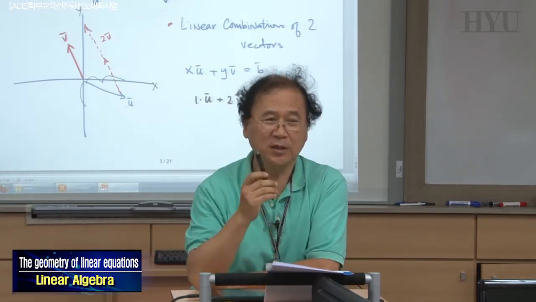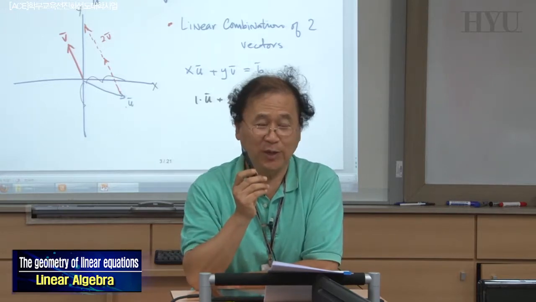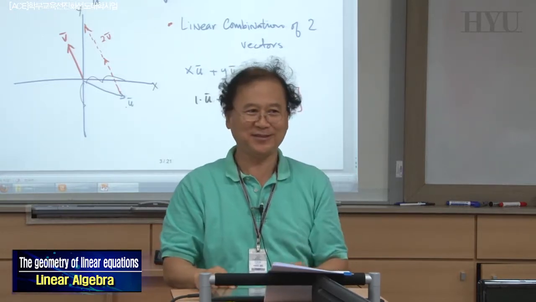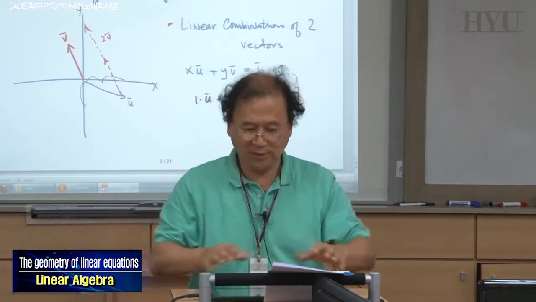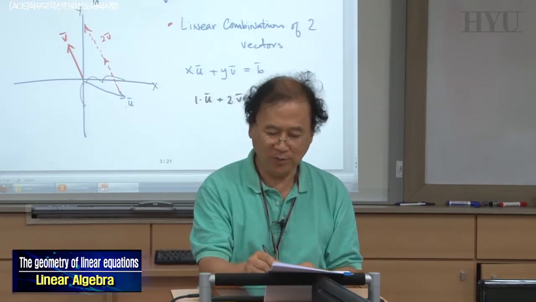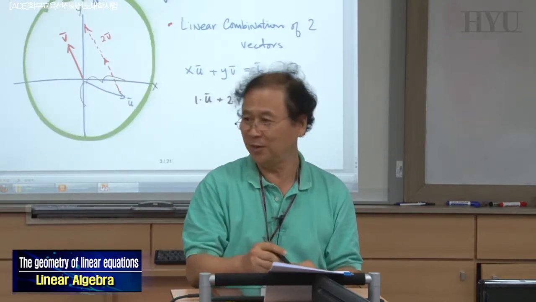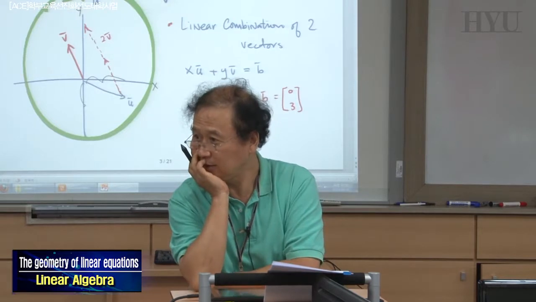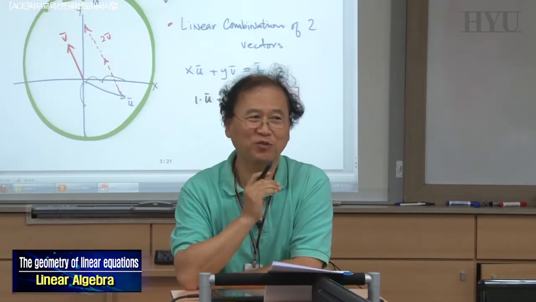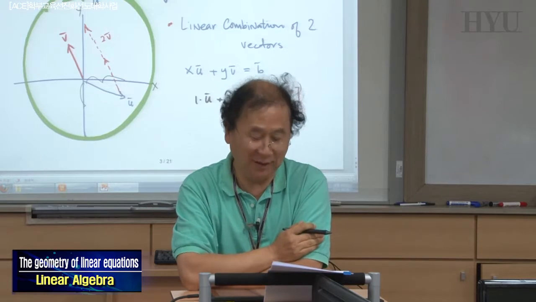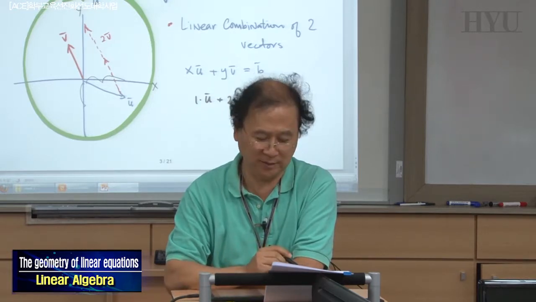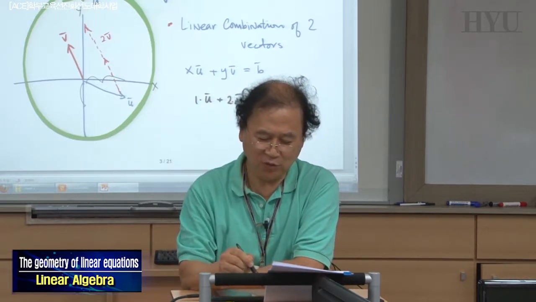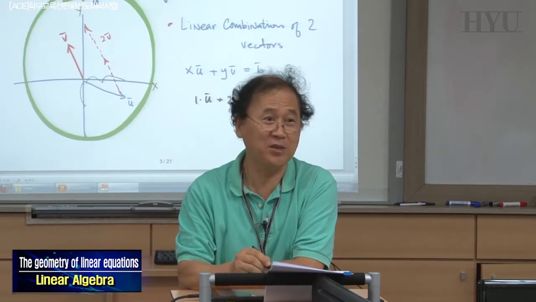So here, one way to visualize, they say, oh, these three-dimensional vectors. Then you don't see them unless you see them in pictures, right? This is more or less a diagrammatic way. When you show them in a diagram, now you have a better understanding, right? Especially for two dimensions, it's pretty easy to understand. So basically, we can say this vector is a resultant vector, combining these two vectors in a linear combination.